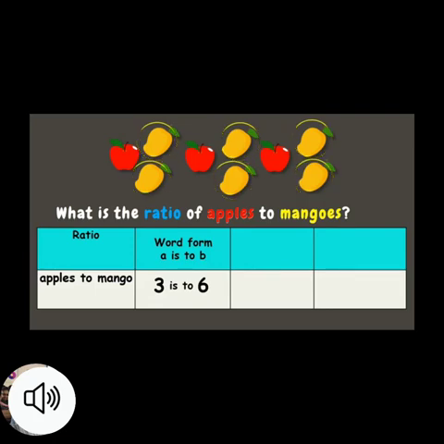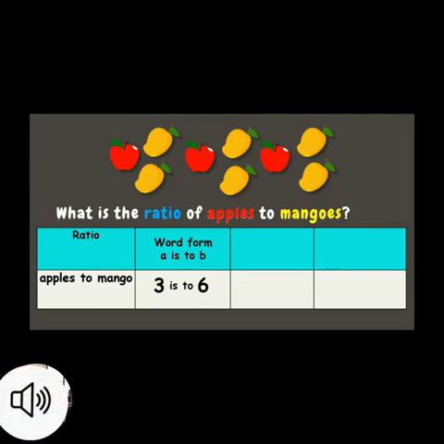Wonderful. The second way of writing the ratio is the colon form. Here, instead of writing is to, we use the colon symbol, and we read it as 3 is to 6. Finally, our last way of writing the ratio is the fraction form.